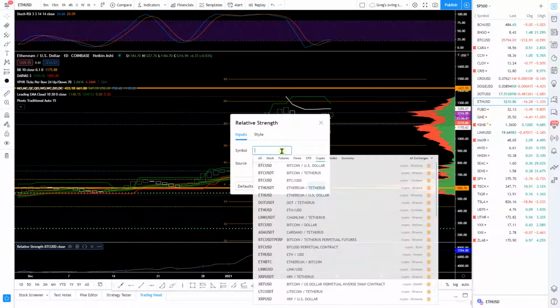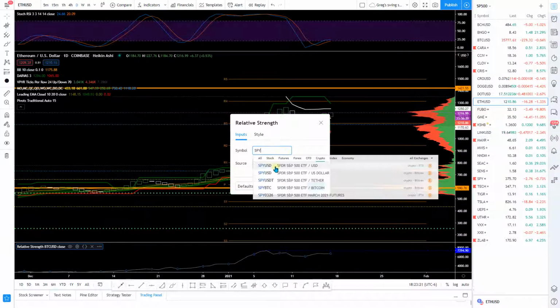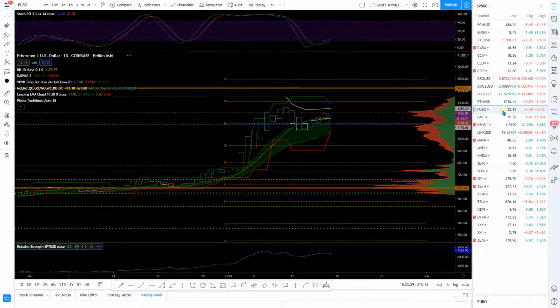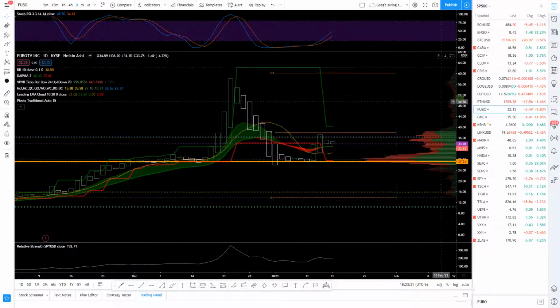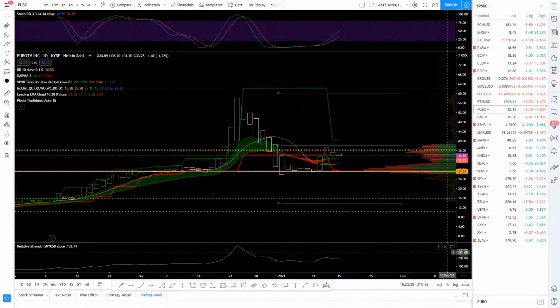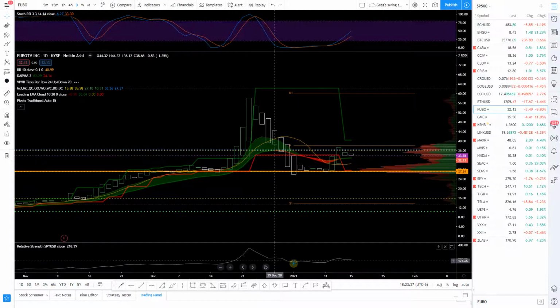This thing is so nice because it's going to give you, say we change it to SPY, and let's just go look at some stuff that I've been trading. Let's just look at maybe Fubo, or the freak you call this thing. Here's another example of something that's sort of on a downtrend because it's relative to SPY, it's not performing very well.